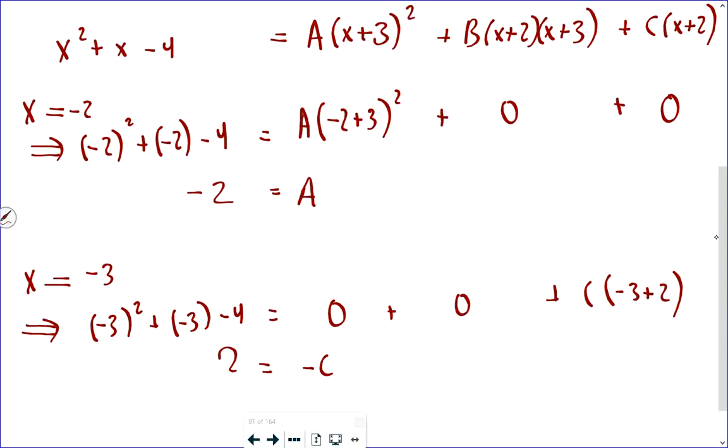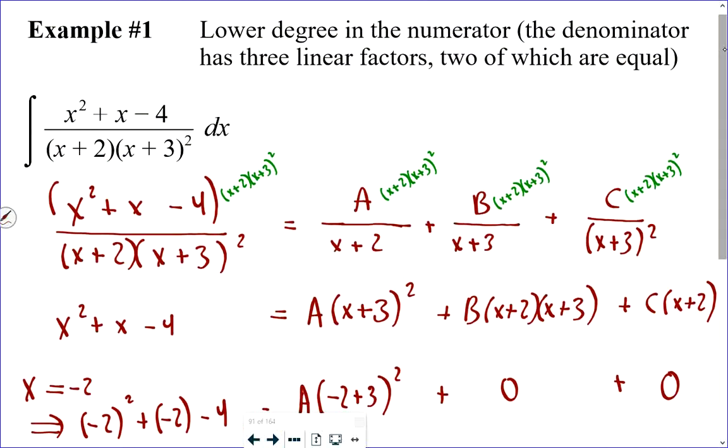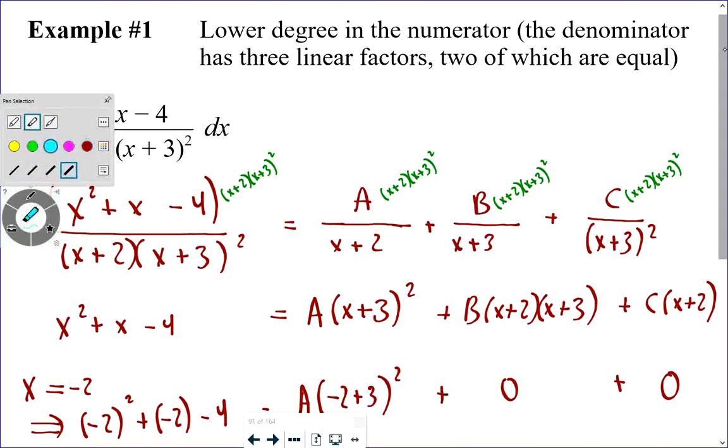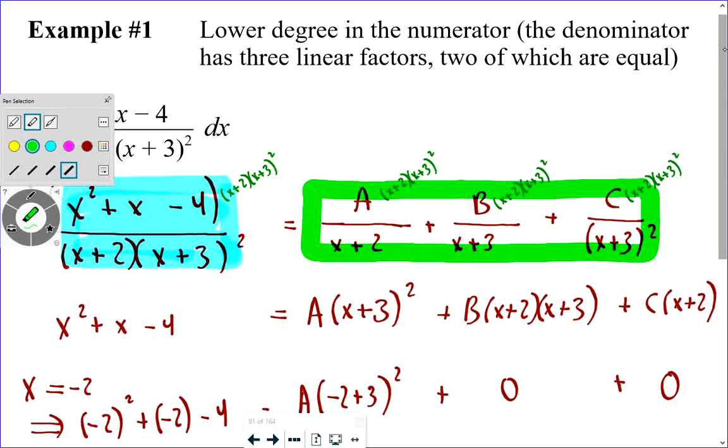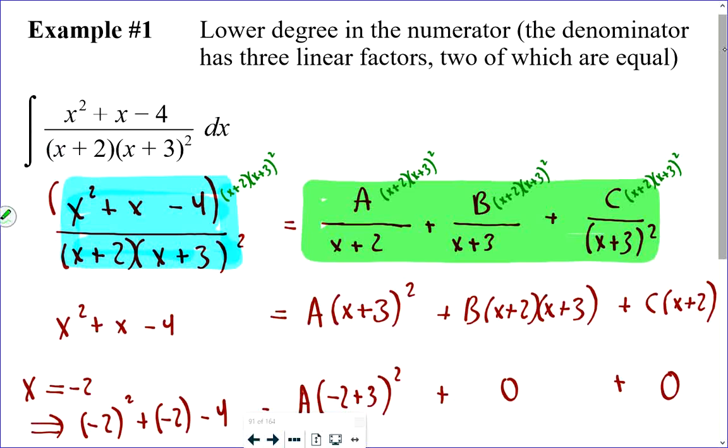Because presumably, when we say that this original integrand is the same as the sum of these three fractions, presumably we're not saying they're the same only with particular values of x. We're saying they're the same.